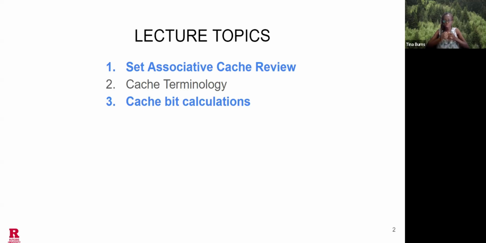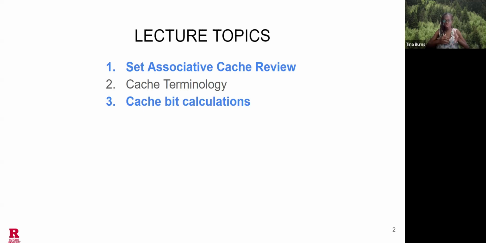Direct mapped caches have one address associated with one particular location in the cache. And that is not advantageous in terms of the misses that you would get, right?